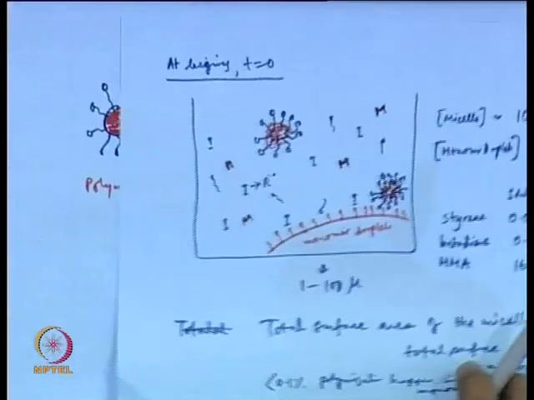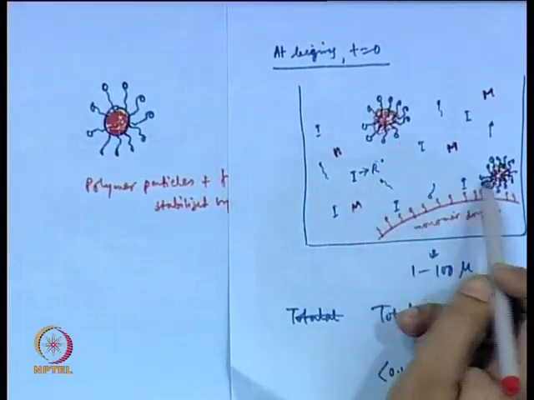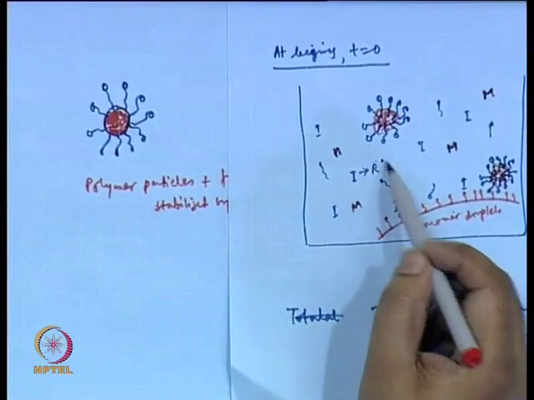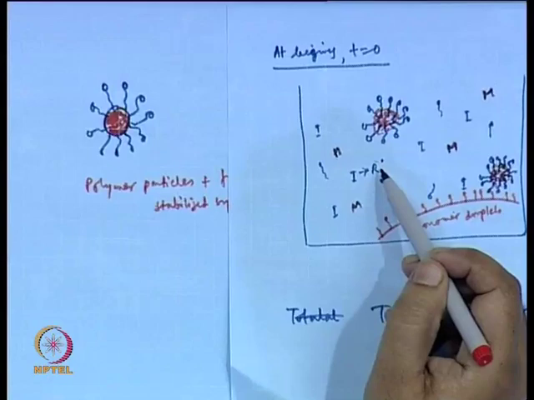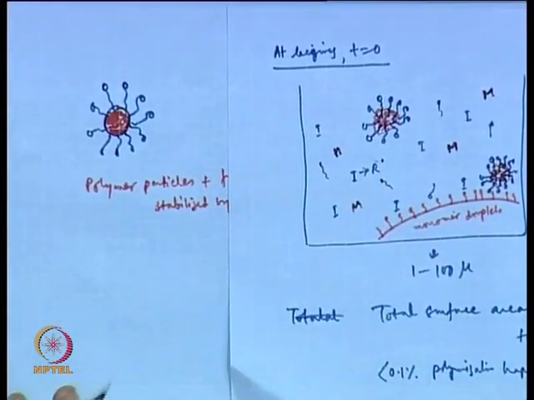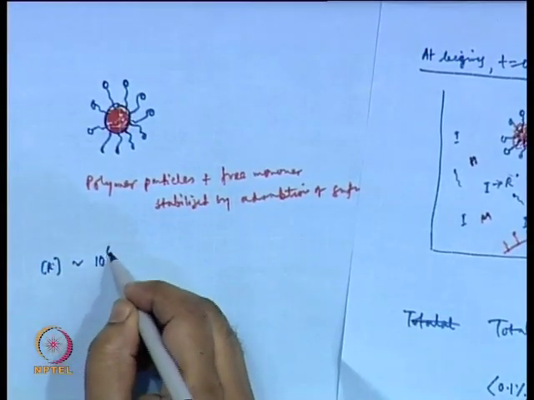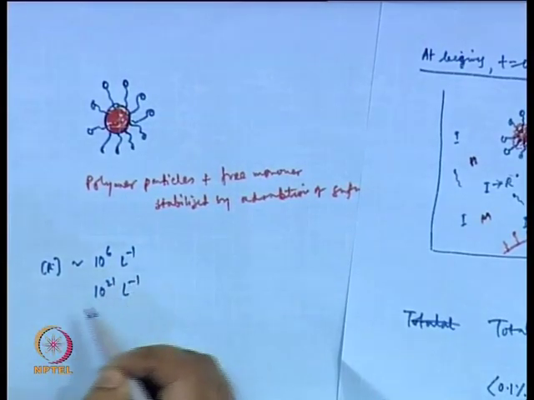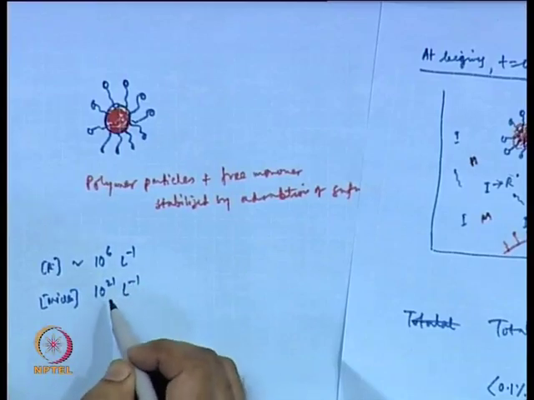When you start this polymerization, the radical will not go into all the micelles containing monomer, because the number of micelles is much higher compared to the number of primary radicals. For example, the radical concentration typically at the beginning, R dot, is 10 to the power 16 per liter, whereas we know that the concentration of micelles is around 10 to the power 21.